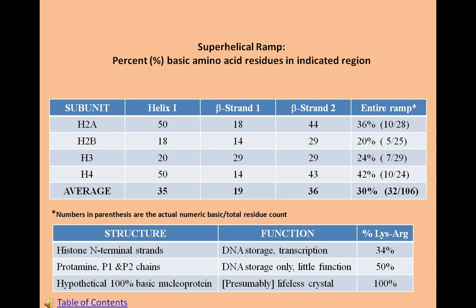And at about 1/3 basic, which we see in histones, you get an environment which also allows for long-term storage of DNA, but also for metabolic interaction with the myriad enzymes which give rise to the processes of somatic life. In other words, the amino acid composition of the superhelical ramp is consistent with what would be expected for DNA binding, but slightly less so than the N-termini of the same histone subunits. Moreover, as we shall see later, there are alignment issues in the superhelical ramp.